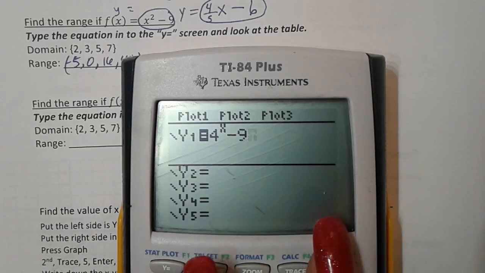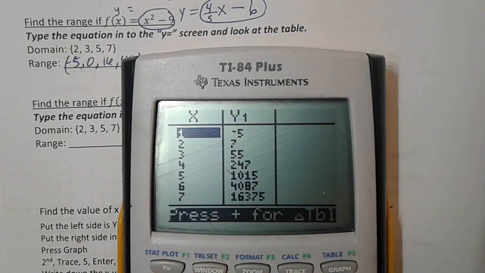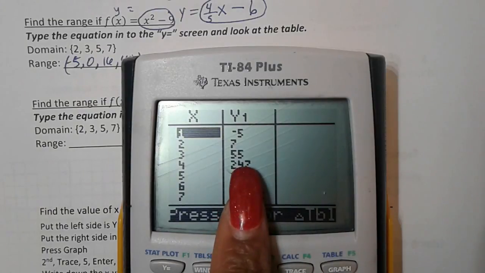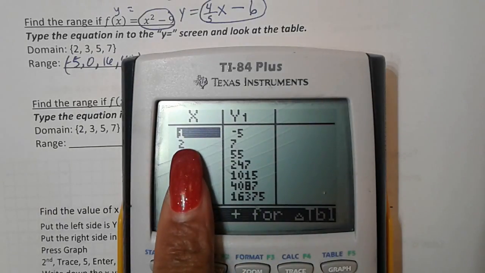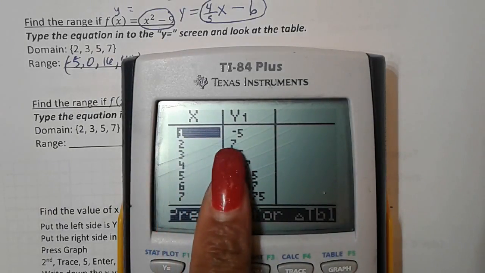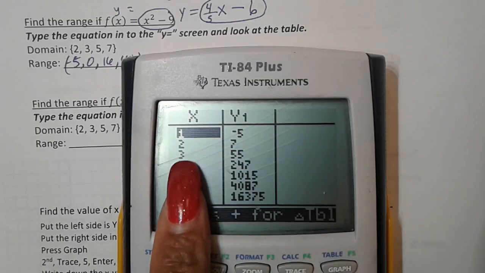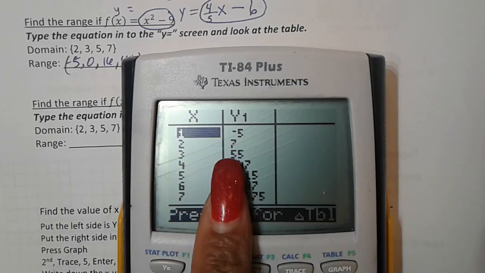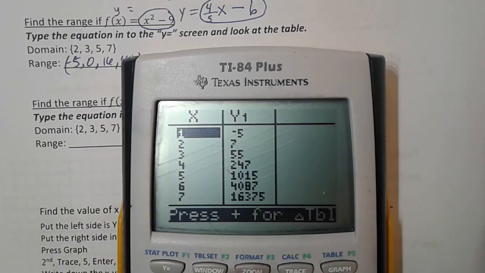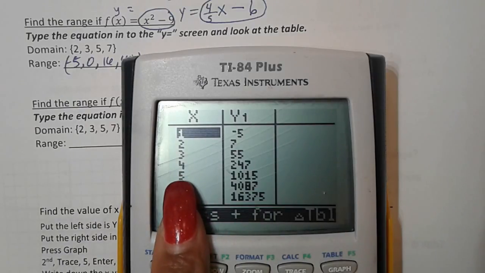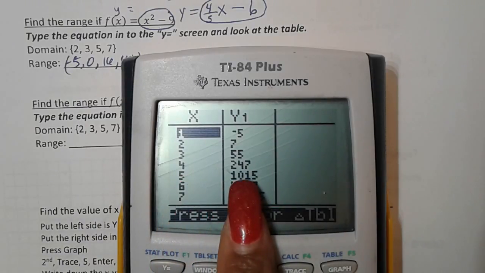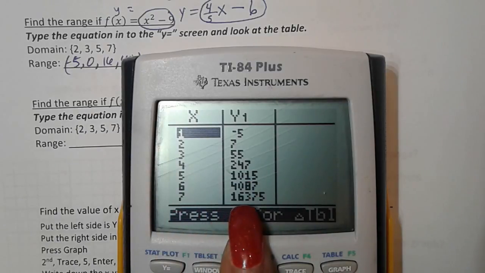Press second graph. And I need the range values for a domain value of 2, which is 7. Domain value of 3, 55. I think you get it now, right? Domain value of 5 gives me a range of 1,015, and then 7, 16,375.